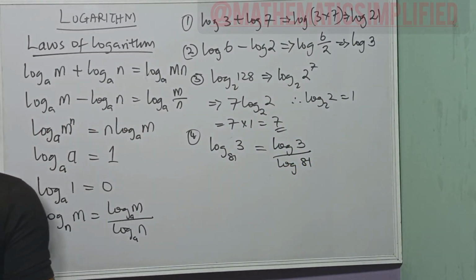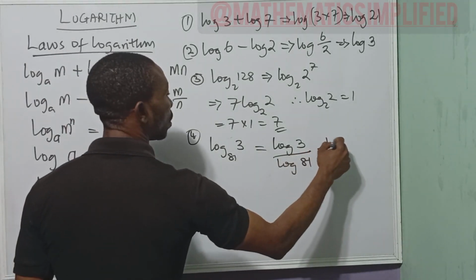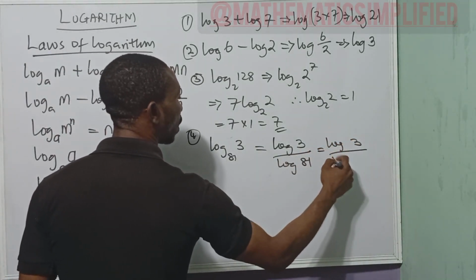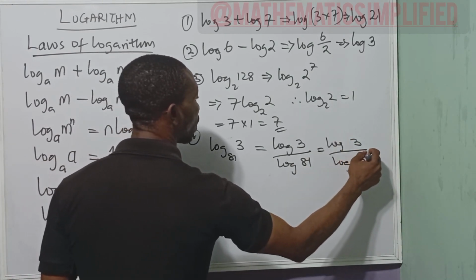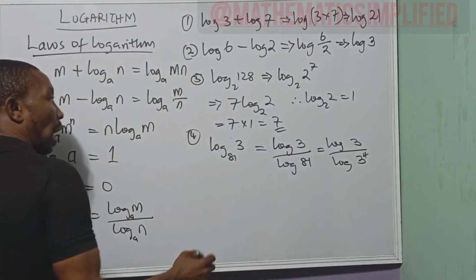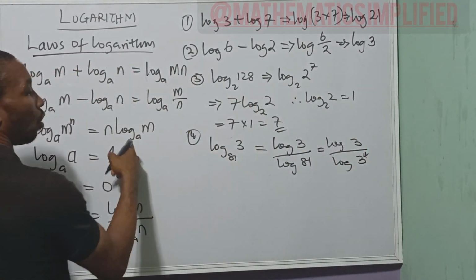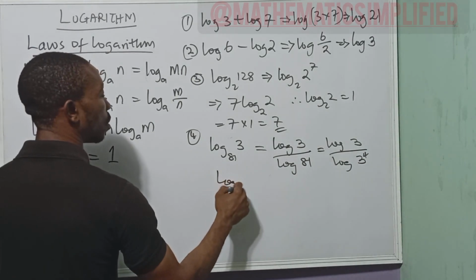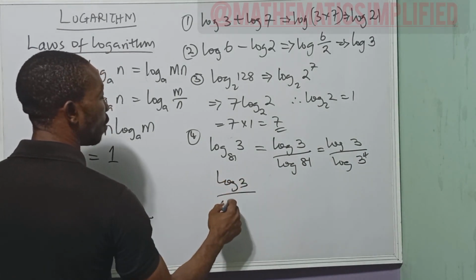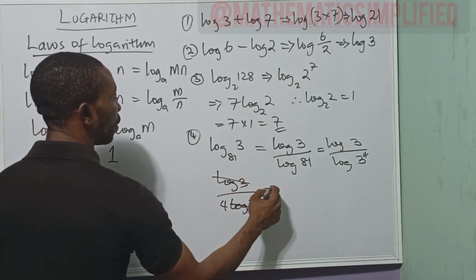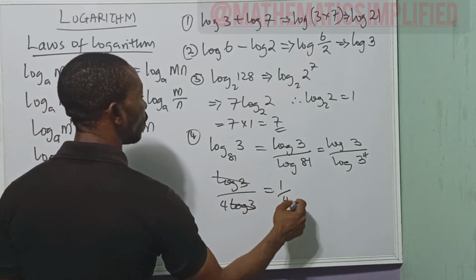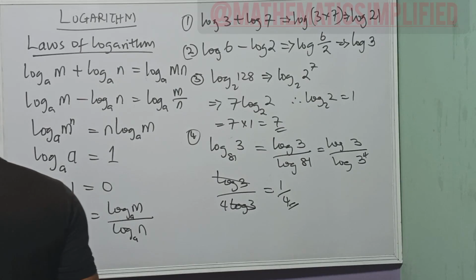Changing 81 to base 3 will give us 3 raised to the power 4. Applying our law here, this becomes log 3 over 4 log 3. Now, log 3 will cancel out, leaving us with 1 over 4 as our answer.